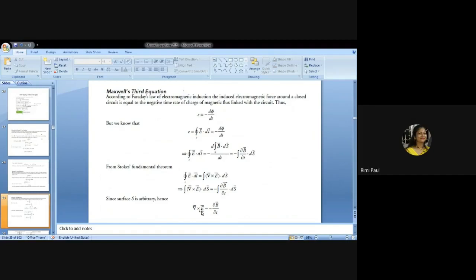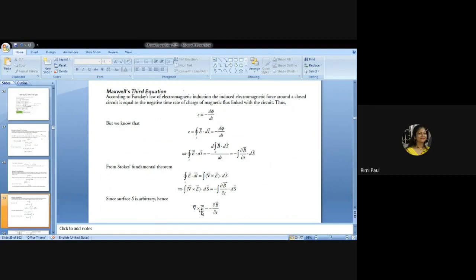But there is no variation of electric current or electric charge. Now we are taking the variation of electric charge and electric current. So what will happen?